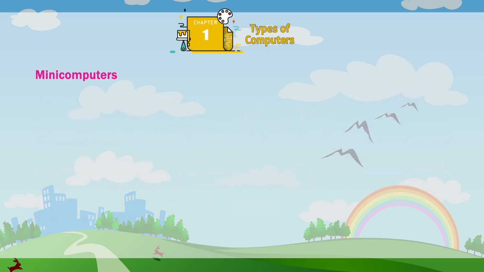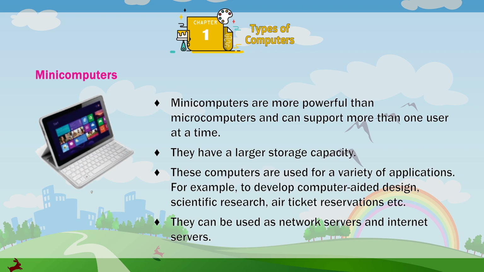Mini computers. Mini computers are more powerful than microcomputers and can support more than one user at a time. They have a larger storage capacity. These computers are used for a variety of applications.